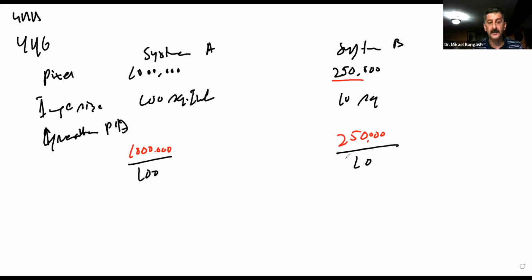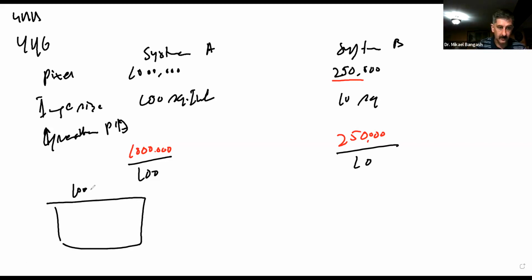What I mean is to tell you which system has the greatest pixel density. Because here our image was 100 square inches. That means we're going to be 100 inches this way and 100 inches this way, in which we have 1 million pixels. Here we have a smaller image, just 10 inches by 10 inches. But in this we have a total of 250,000 pixels.